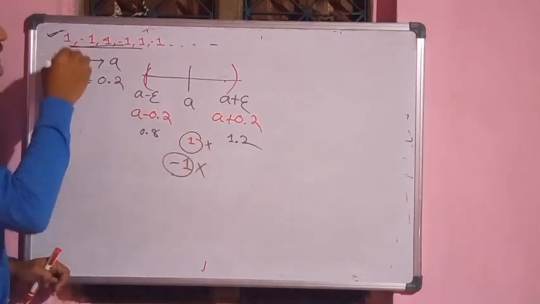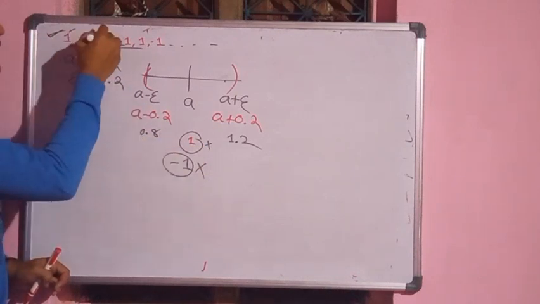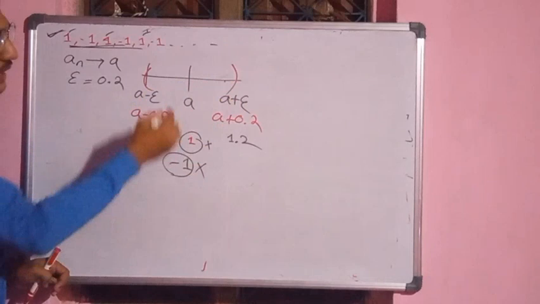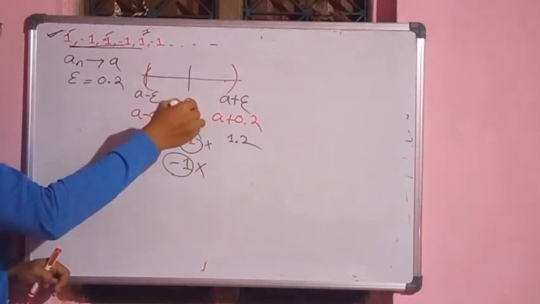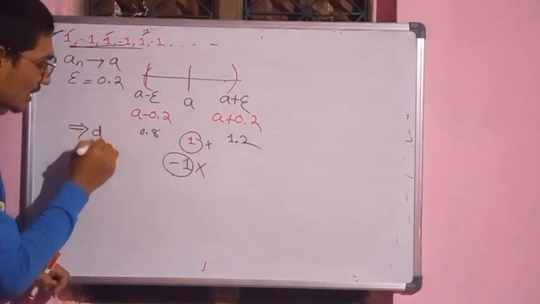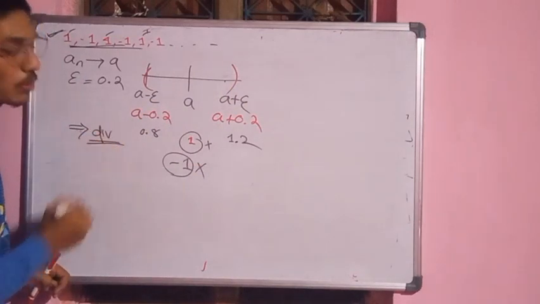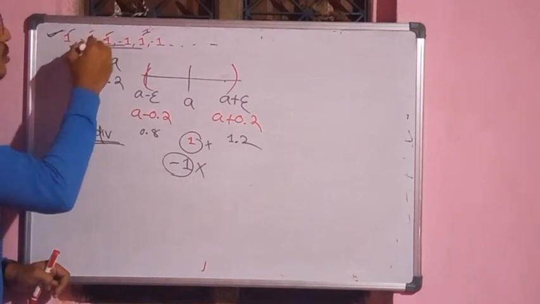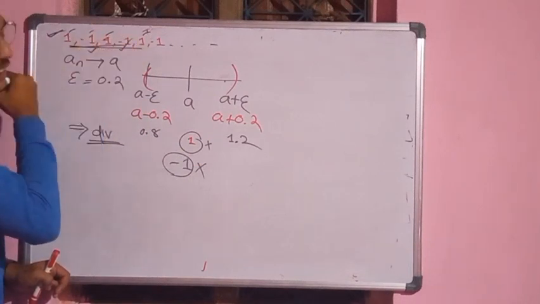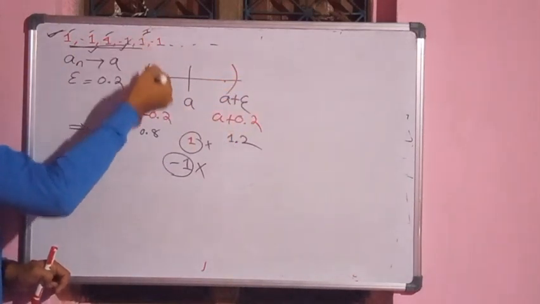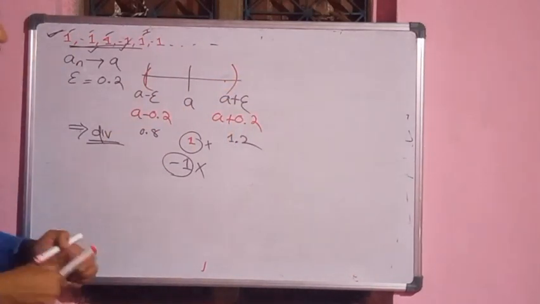But if it is not containing 1, then, since there are many terms of the sequence equal to 1, this bracket is excluding infinitely many terms of the sequence. So my sequence is divergent. Or else, if it is excluding minus 1, then it is excluding infinitely many terms, so my sequence is divergent.